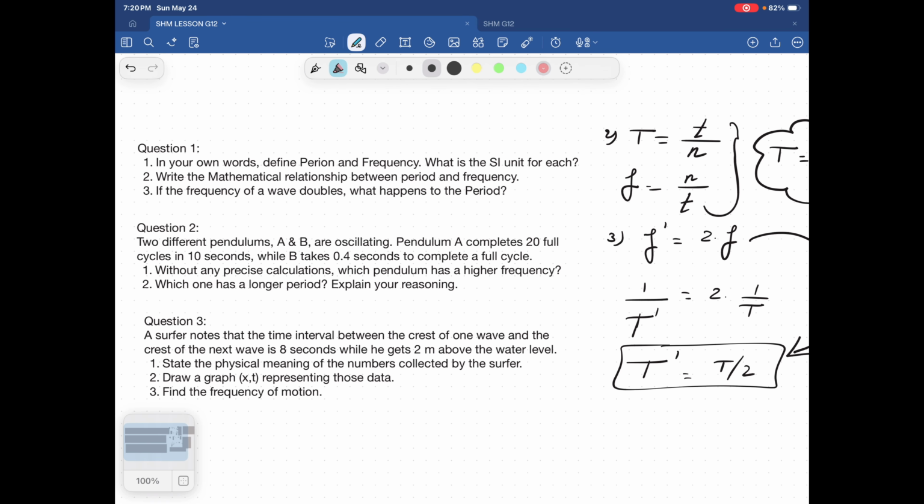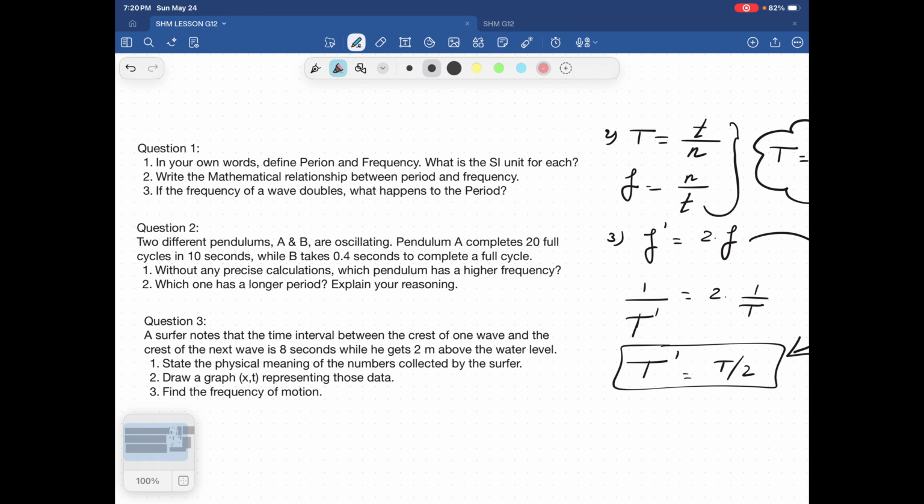Let's go back to the fundamental definition of the frequency. We know that the frequency is equal to the number of oscillations in a certain amount of time. So for pendulum A, there are 20 full cycles in 10 seconds.